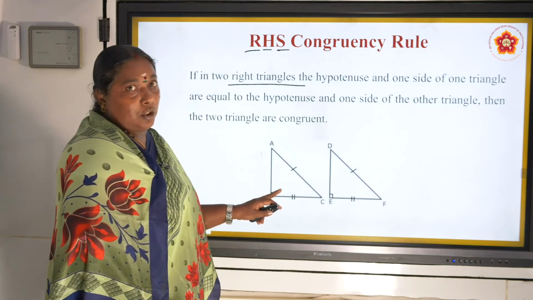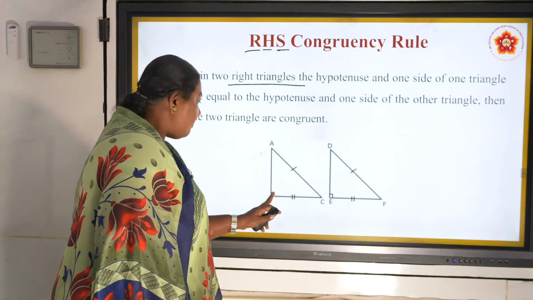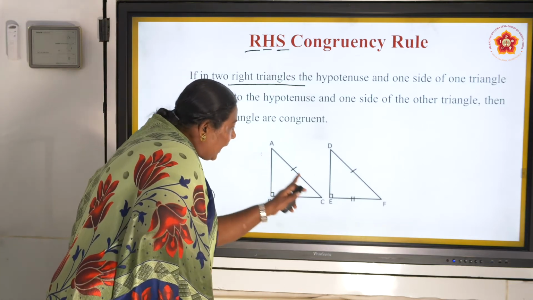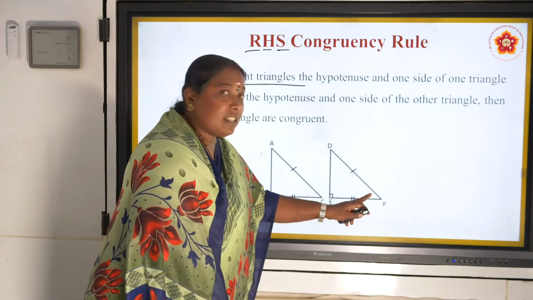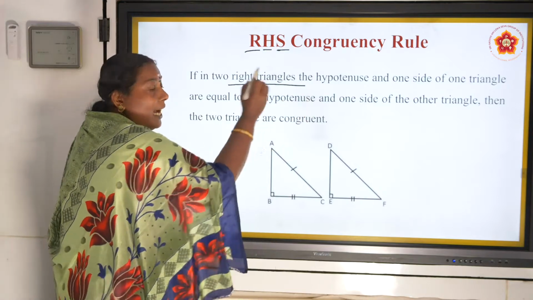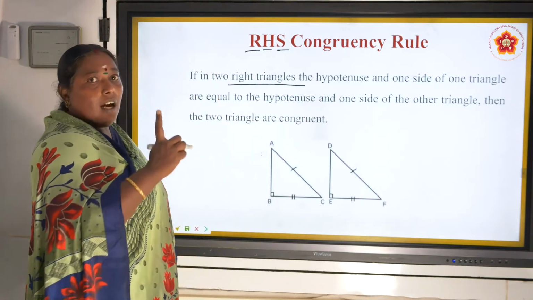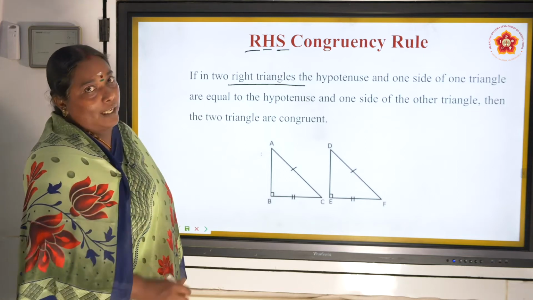You know who is the hypotenuse? The person who is standing opposite to the 90 degree, right? Who is standing opposite to the 90 degree? AC. So here AC is the hypotenuse, here DF is the hypotenuse. So they are telling the hypotenuse and any one side are equal, then the triangle is congruent.